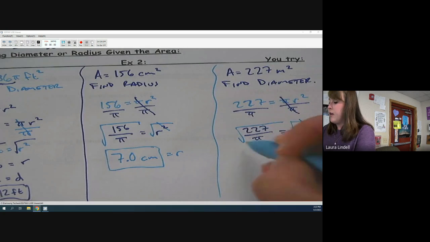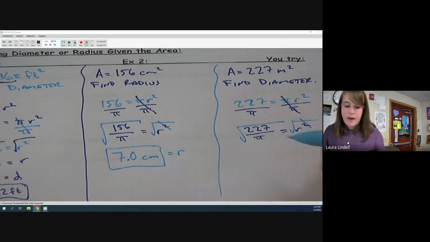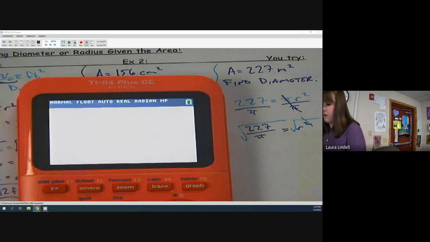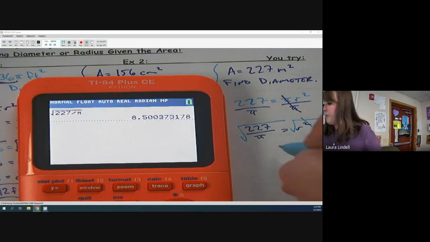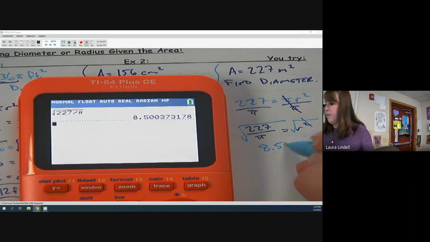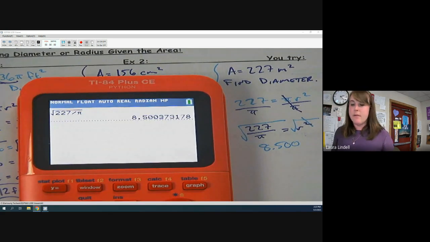Stick this into your calculator, but we didn't want just the radius, we also wanted the diameter. So once you find the radius by using your calculator, we're going to go square root 227 divided by pi. We get about 8.5. Maybe keep a few extra decimal places just in case, since it's not our final answer.